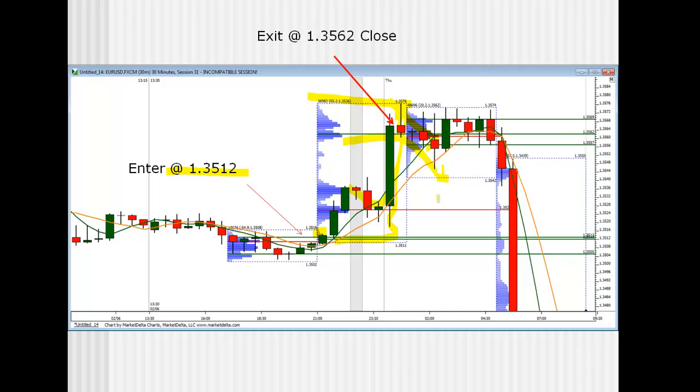We could in fact move lower to come back for a retest of this volume point of control, and if that fails, we will move even lower back to here. In any event, it is a strong enough indication using my volume parameters, using my profile and value area parameters, that I should be exiting this trade.